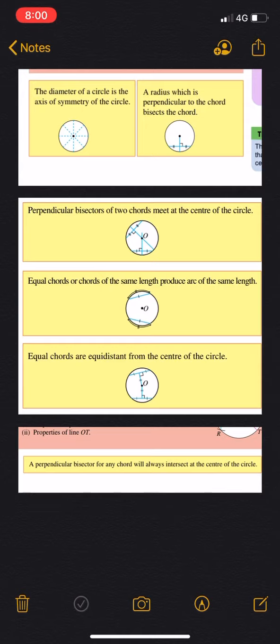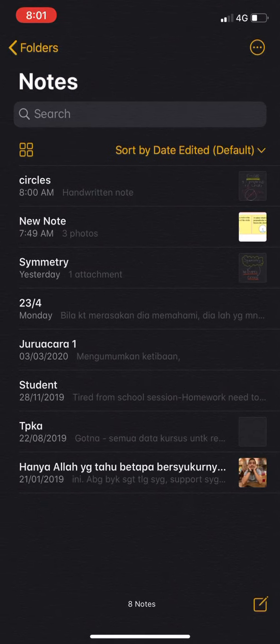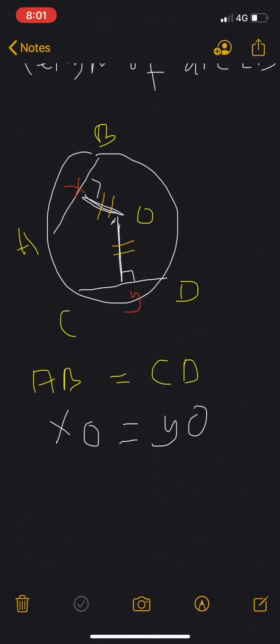So awak lukis lah mana-mana chord, tak kisahlah sama length ke, does not equal in length ke, dia punya perpendicular bisector of that chord tu must meet at the center. Tu memang special property of the circle. Draw lah chord kat mana pun inside the circle, dia mesti akan meet at the center.